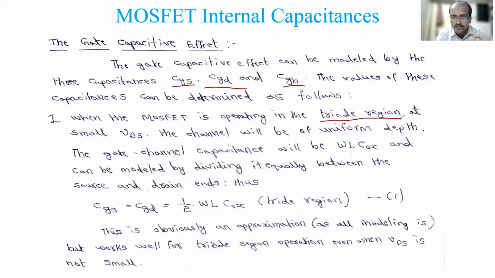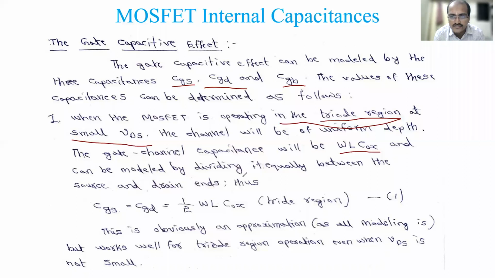When the MOSFET is operating in the triode region, at small VDS, the channel will be of uniform depth. The channel formation is uniform from drain to source. The gate channel capacitance will then be WLCOX. Since it is uniform, it can be modeled by dividing it equally between the source and drain ends.